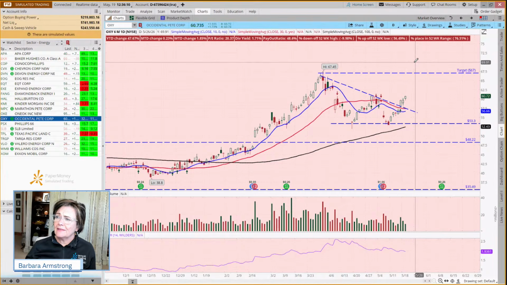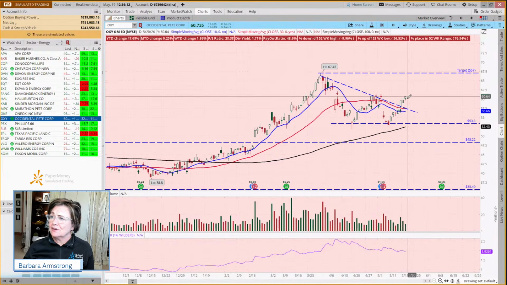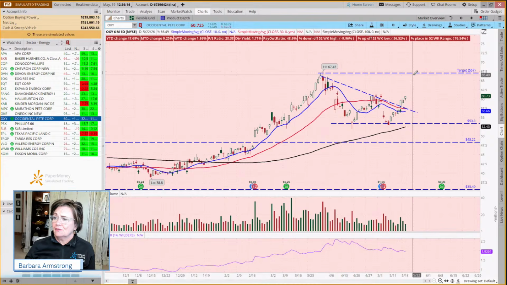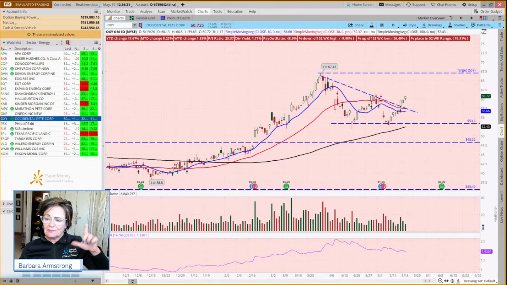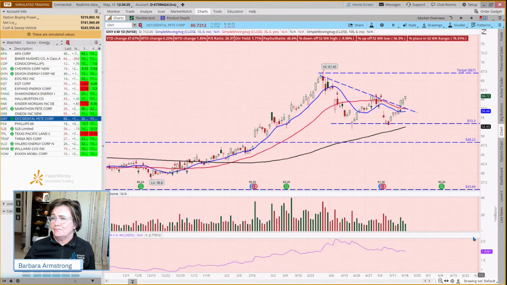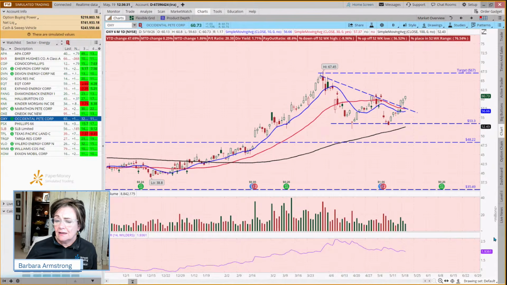And how long might that take? Well, it might never happen. It could take 3 weeks. In an average day, the range on this stock, in other words, the amount it moves from top to bottom, is almost $2, $1.93 over the last 14 days. So to move $6, is it unreasonable to think that it could happen in a week or so? Sure.